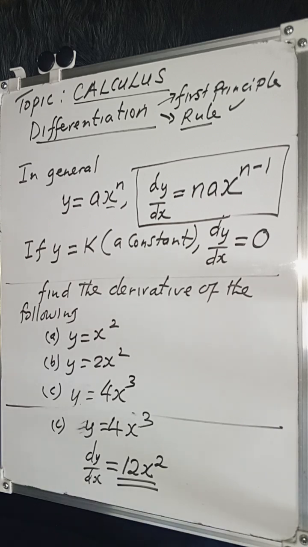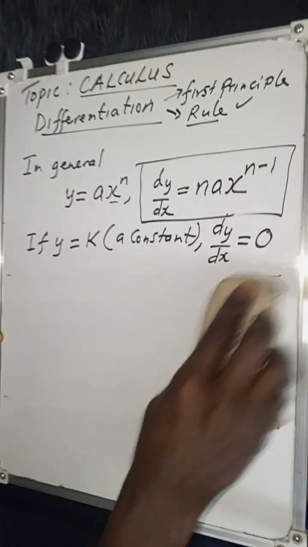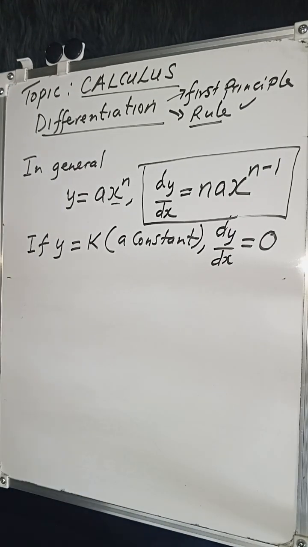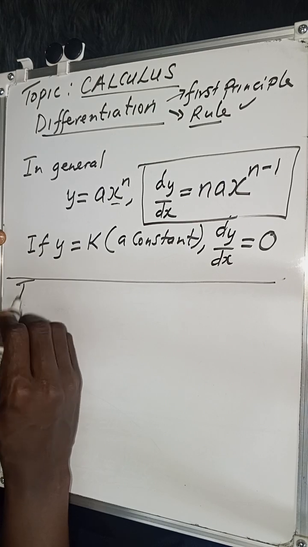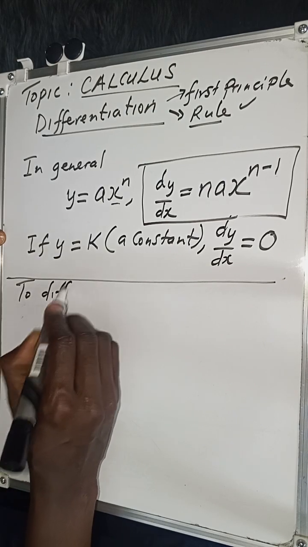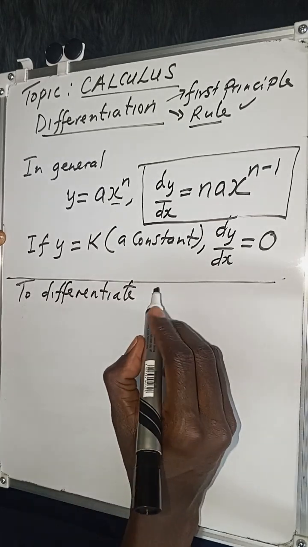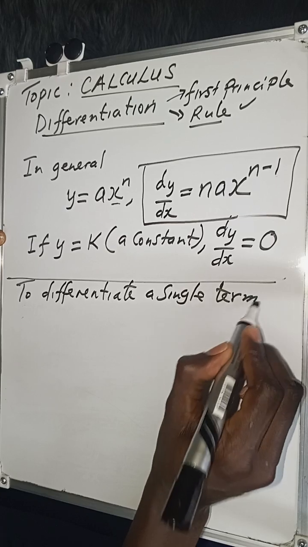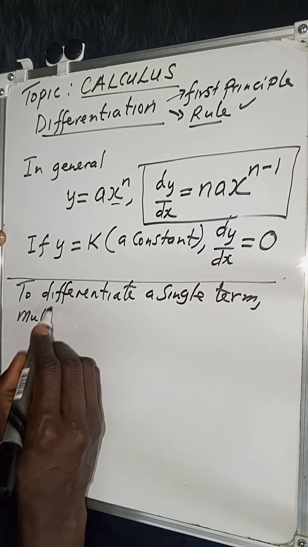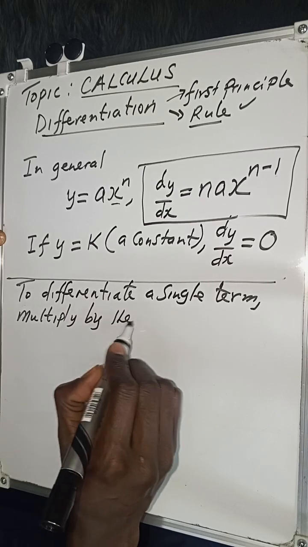So as a key concept, let me just give you a simple concept that you need to remember there. If you are dealing with what we are calling a single term, to differentiate a single term, you multiply by the index.